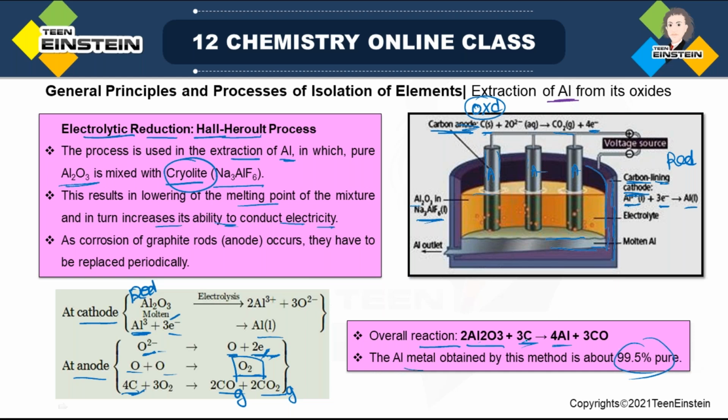The carbon anode is oxidized to CO. As for corrosion of the graphite rod, that is the carbon rod in the anode, it occurs because gradually the carbon is consumed. So there will be corrosion of the graphite rod. That is the reason that after some time we have to replace it periodically. Okay, is there any doubt?